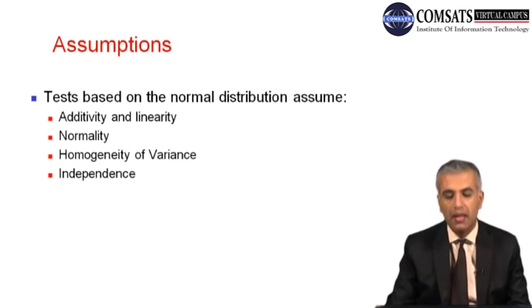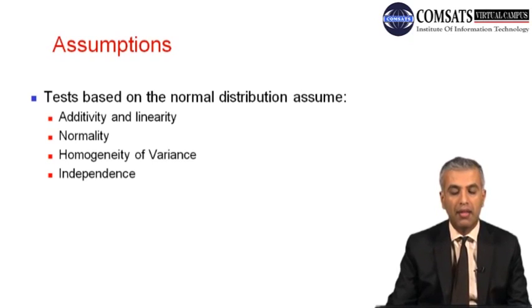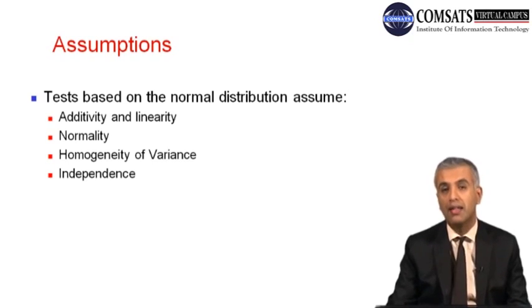As you can see here, the tests based on the normal distribution have to meet the conditions of linearity or additivity, then normality, homogeneity of variance, and then independence of variables.